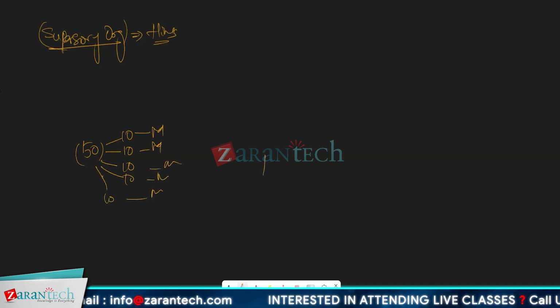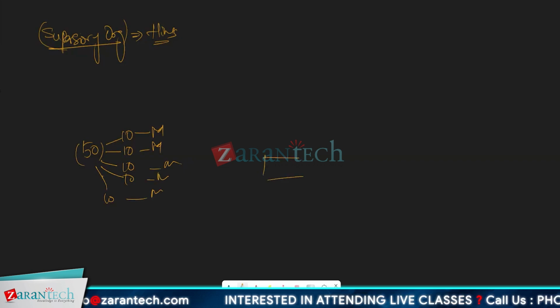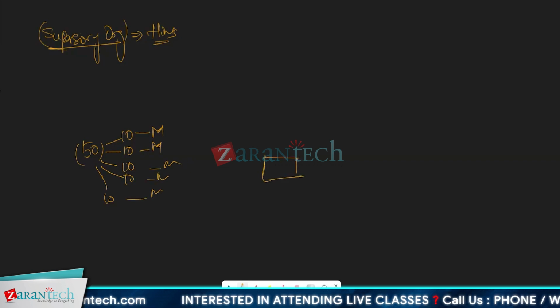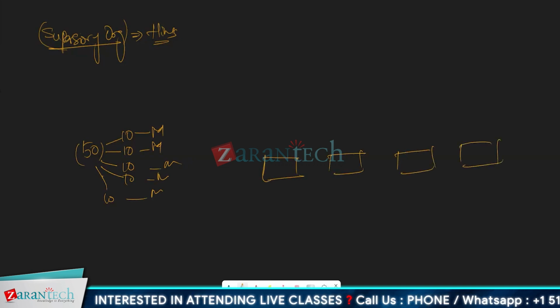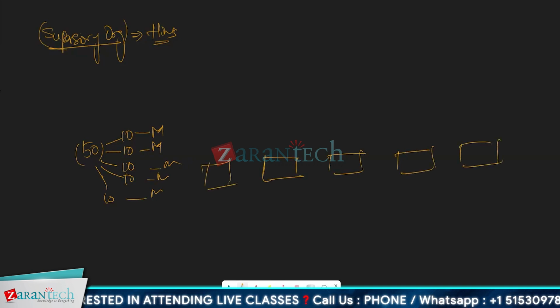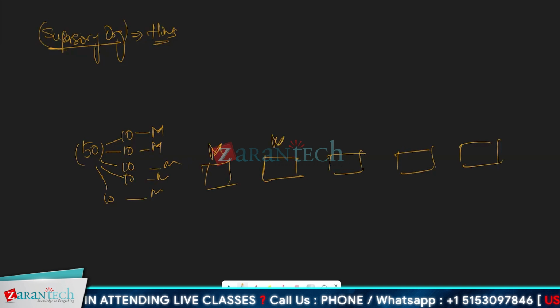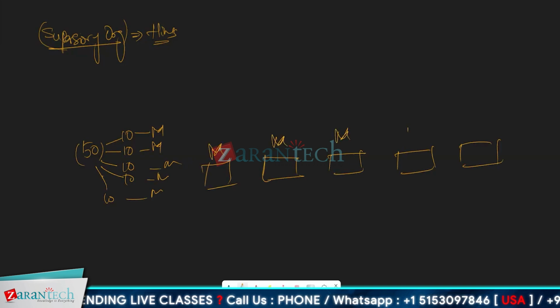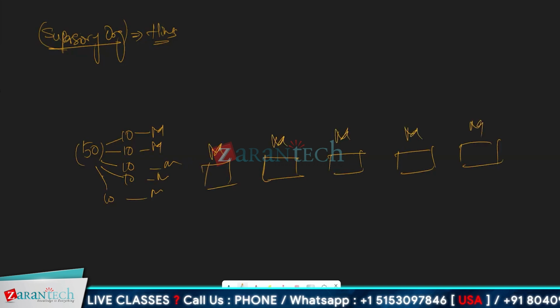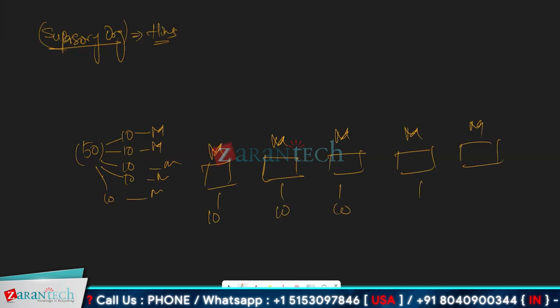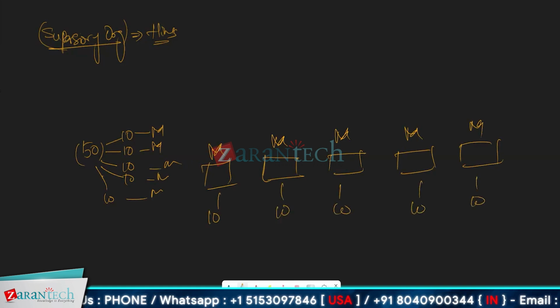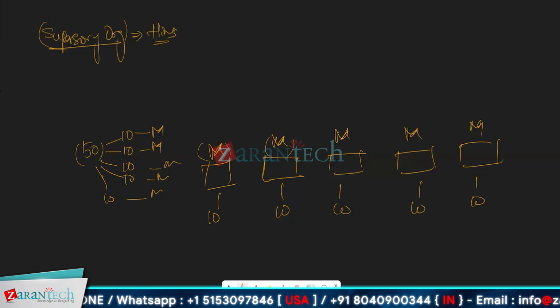There'll be 5 supervisory organizations, sorry, like this. Each organization will have a manager assigned to that organization, and each of these organizations will have 10 employees. Now each of these managers will also be reporting to someone, right?